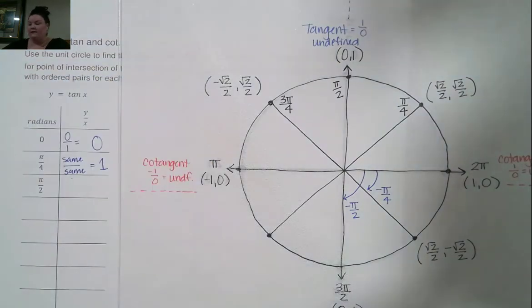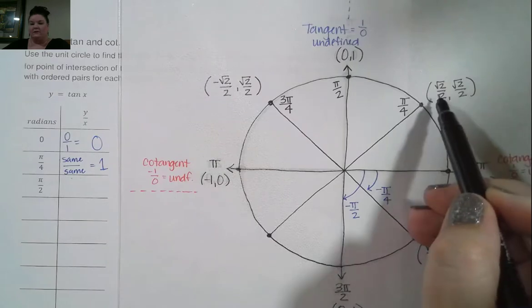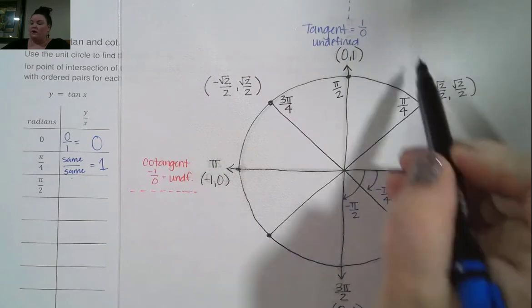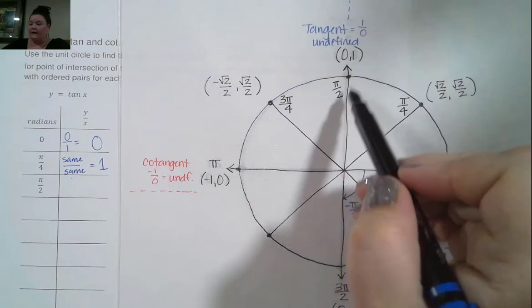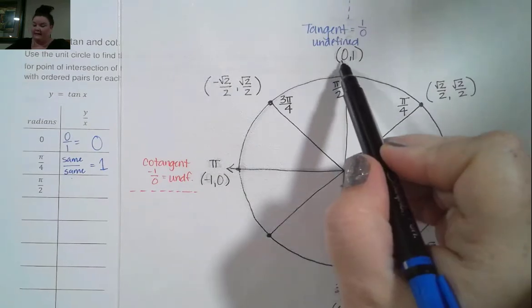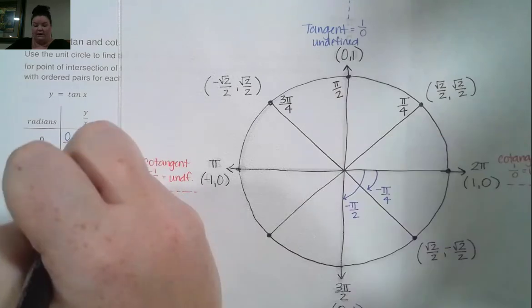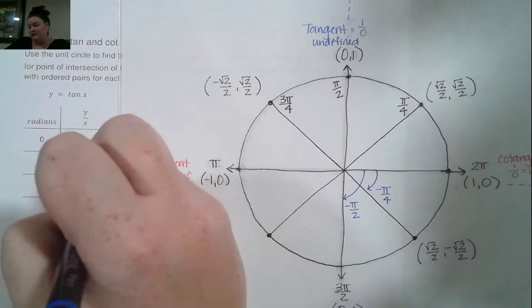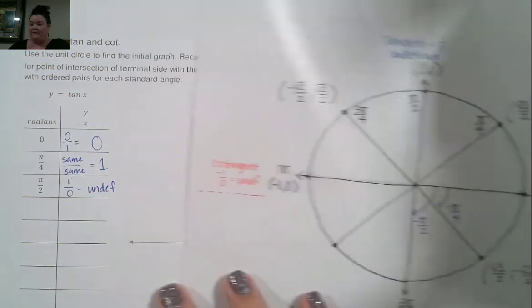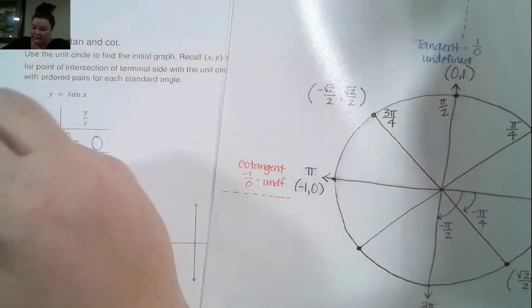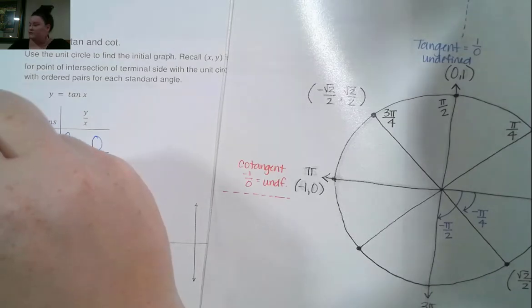So if I divide this y over this x, that just equals 1. And then when I go up to pi over 2, if I divide y by x, I get 1 over 0, right, which is undefined. So anytime I get an undefined value, this tells me this is where I'm going to have my asymptote, okay?